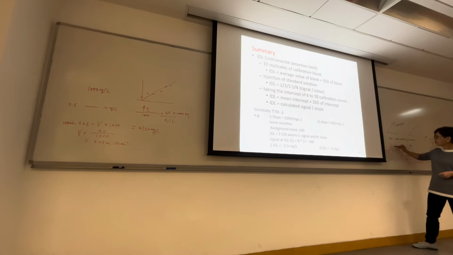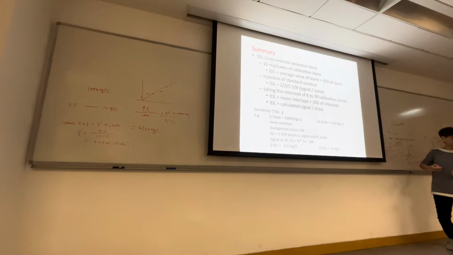Then the S/N will be the signal of the peak of your analyte over the signal of noise. Normally, they will use peak height. So if the noise maximum peak height may be 2, and the signal is 5 or 6, then S/N will be 6 over 2. Then the signal-to-noise ratio will be 3.